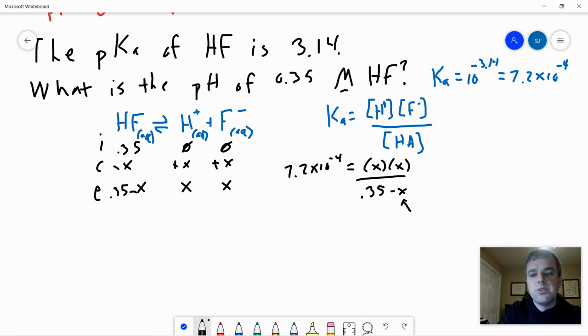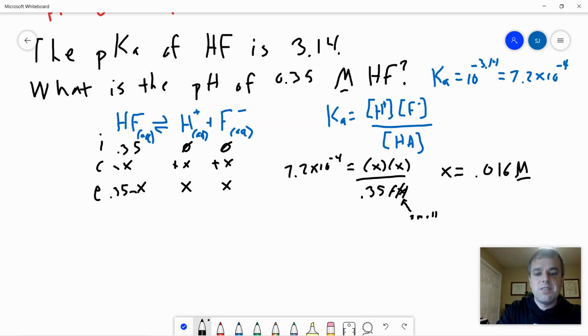And here we're going to assume that X is very small, so that 0.35 minus X is approximately 0.35. So then we take 0.35 times 7.2 times 10 to the minus fourth, and we take the square root of that, and we find that X equals 0.016 molar.